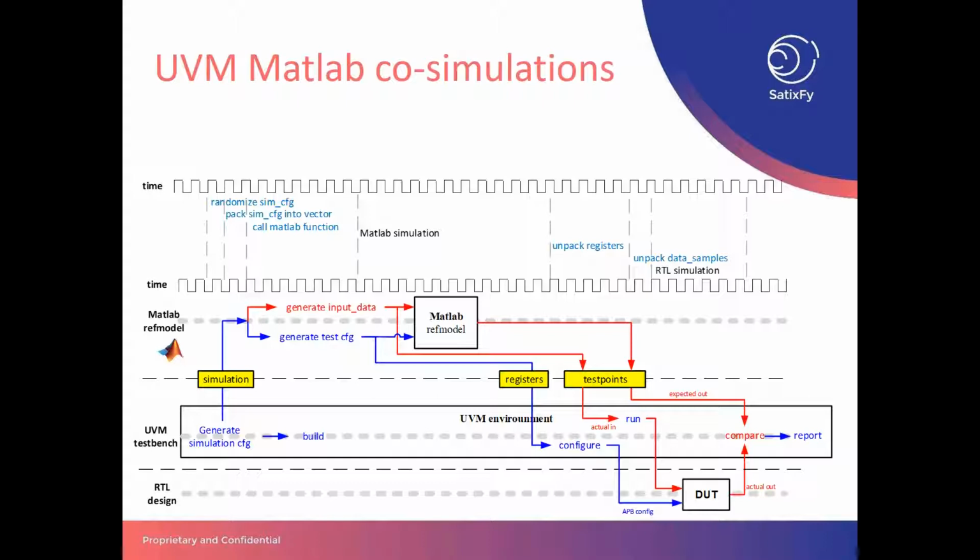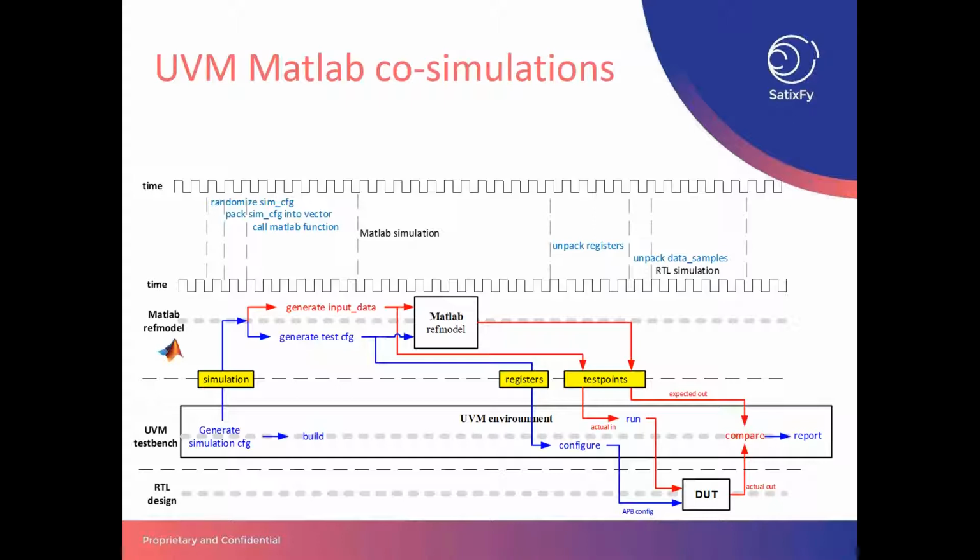So starting with the simulation flow, you would try to run on the fly a Matlab simulation, creating several outputs. One is the generated input data, samples, or whatever you want to drive into the design.